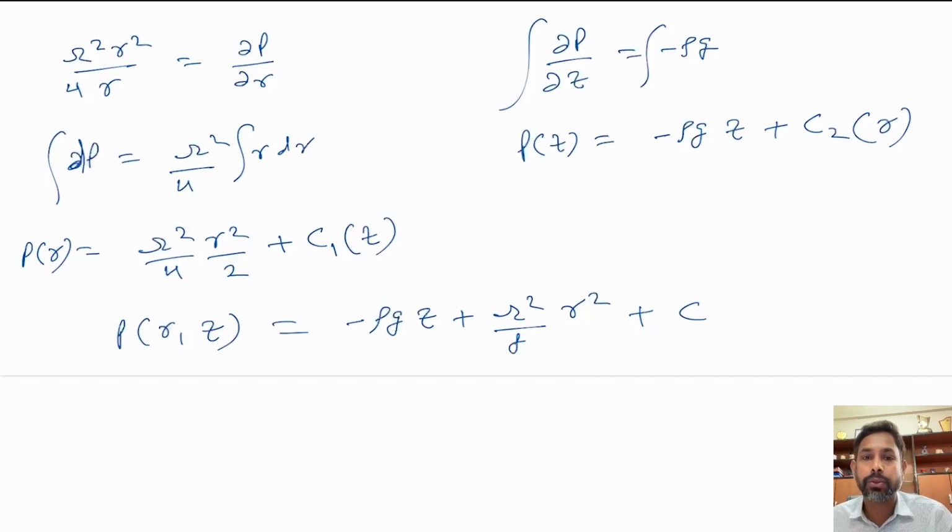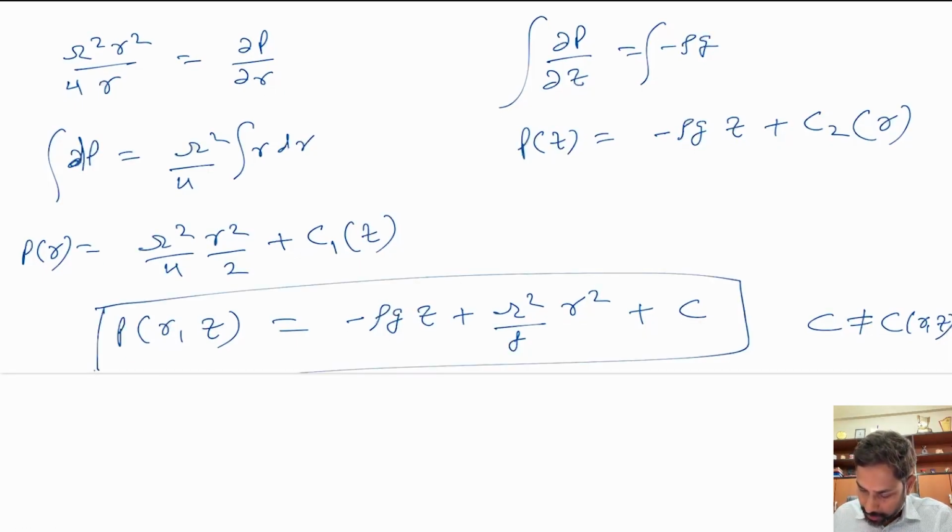Okay, so that new constant comes from c1 plus c2, which is simply a constant, not a function of r or z. So that's an absolute constant. So this is the equation that we get for the pressure condition in the vortex.